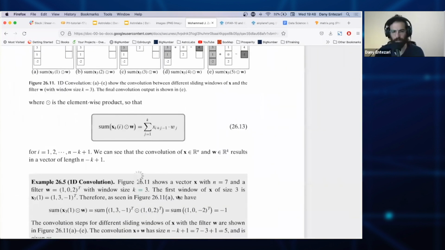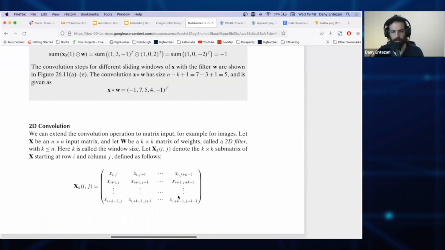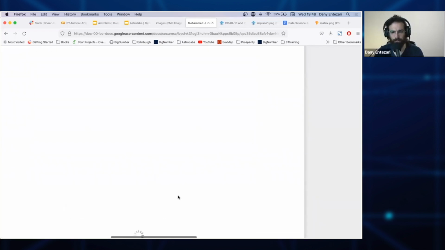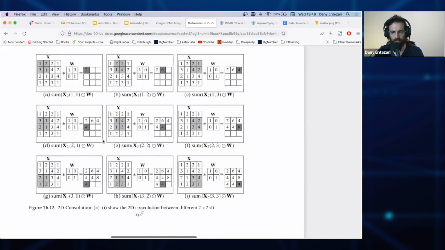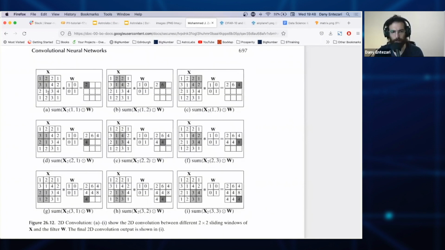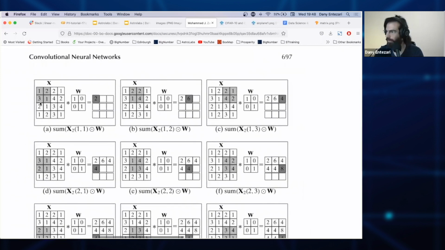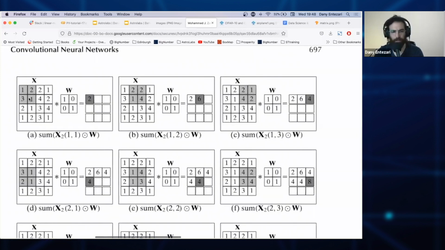So if I can scroll down here, let me jump to and show you the 2D version. So this is 2D convolution right here. There we go. Same idea. This is applicable to what we are doing. Okay. Again, even in this example, we're going in strides of 1. So multiply element-wise, right?